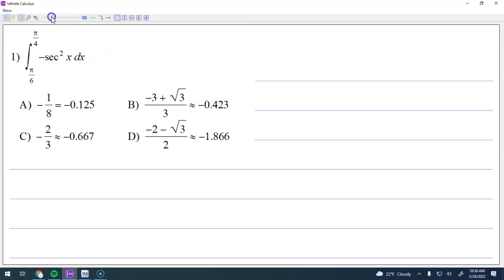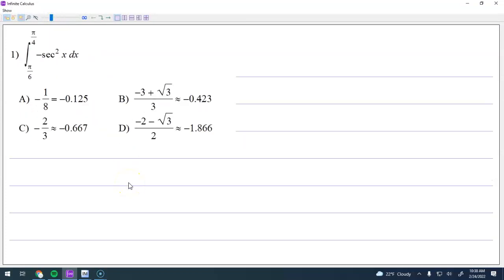Alright, try this one. Negative sec squared of x. Matthew, they changed that to v, but there's still negative 3 in it.